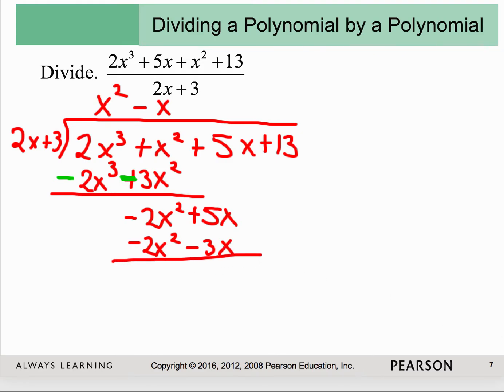Then you subtract, which means what? Change the signs. So that better be 0, and it is. 5x plus 3x is 8x, and then you bring the next one down. What do you got to multiply 2x by to make it 8x? Okay, 4.